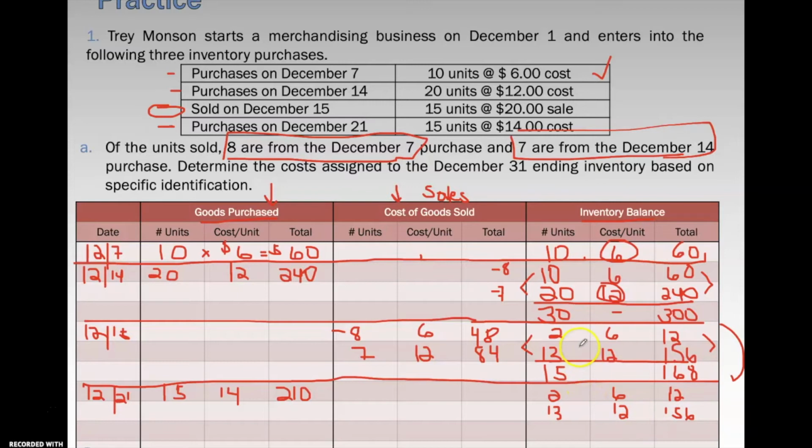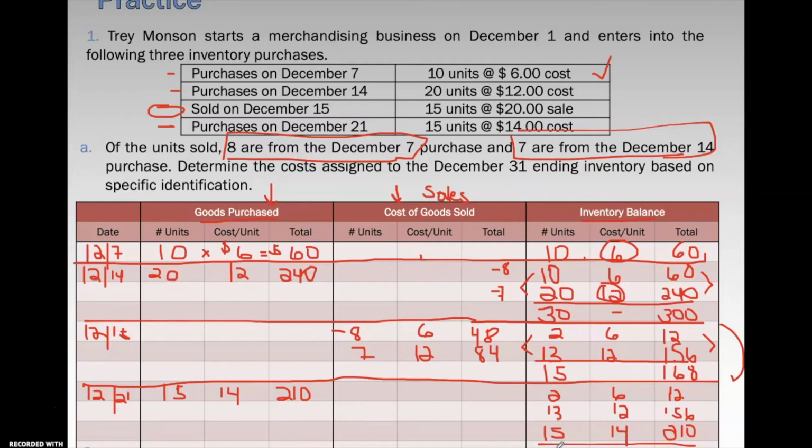So that's what I had before, plus my new purchase of 15 units at $14 each, 210. So what do I have left? 2 plus 13 is 15, plus 15 more. I have 30 units total.